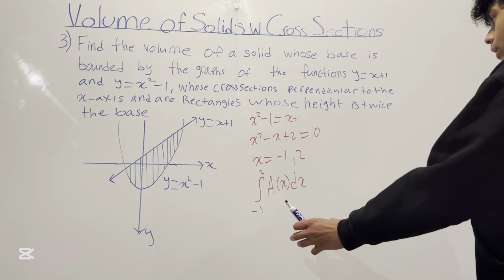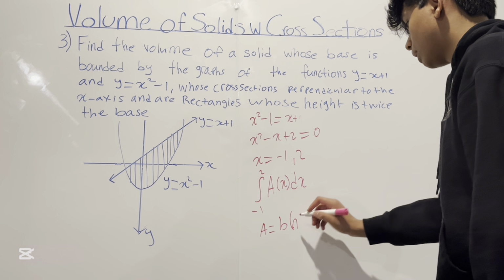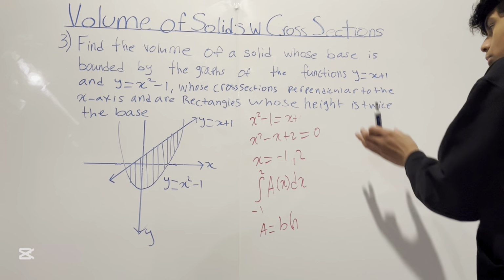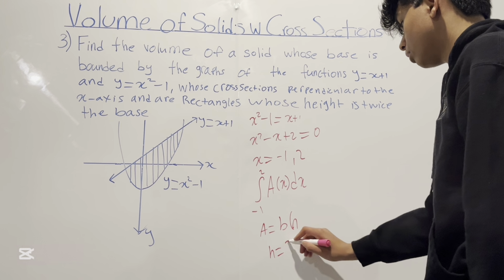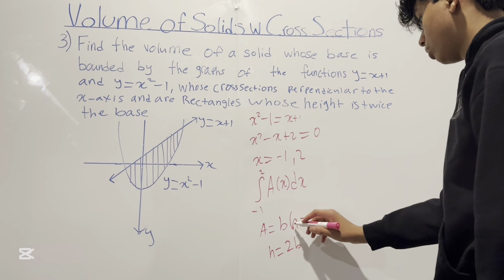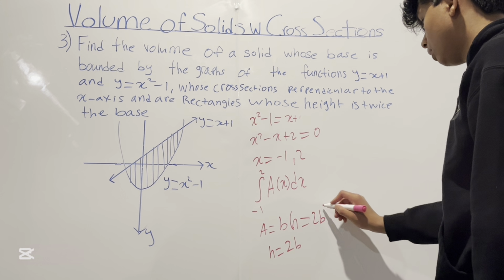Now our area is just going to be base times height, because that's the formula for a rectangle, but in this case the height is twice the base, so h is equal to 2b. So if we replace this, we'll replace h with 2b, so 2b multiplied by b is 2b squared.